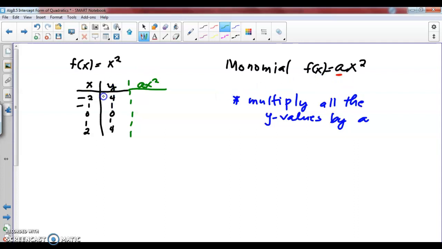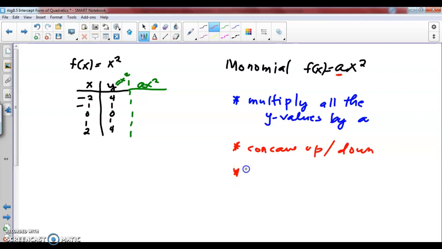So remember, your y is the same as your x squared. So when I say a times x squared, it's the same as multiplying the y values by the given constant a. Also, the value of a causes your graph to either concave up or down.